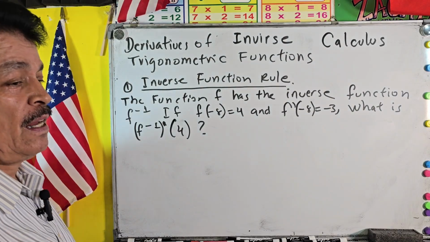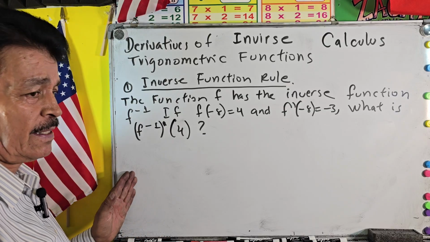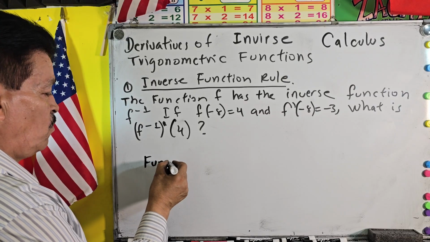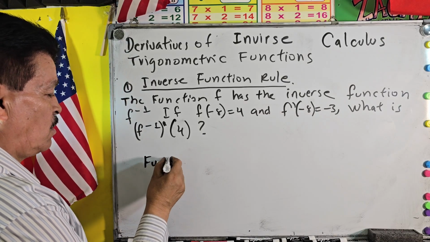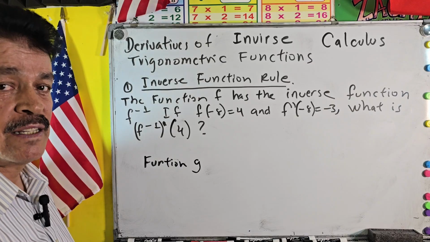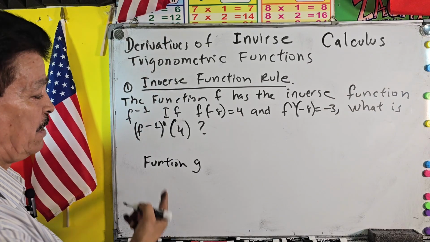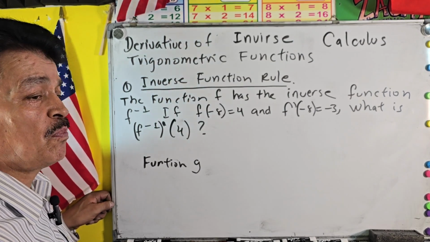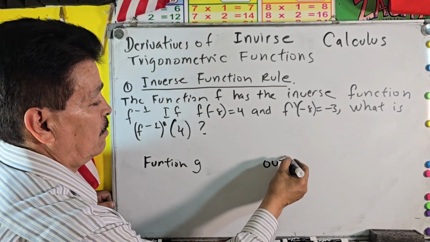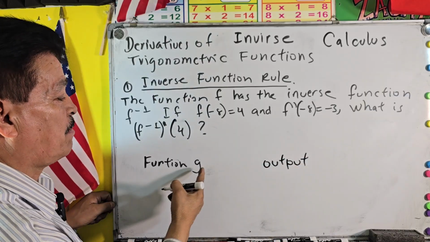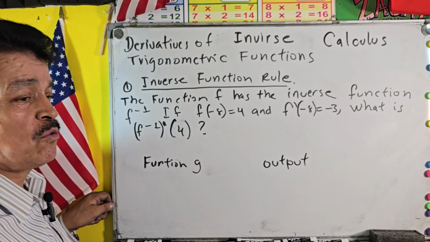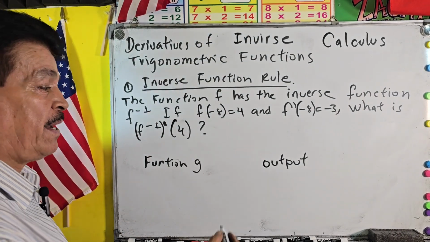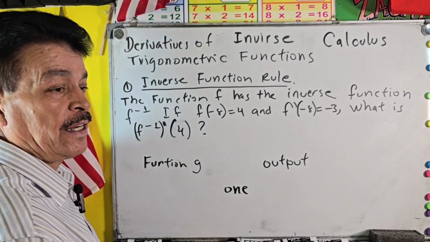Okay. I will remind you of some ideas in this case. A function g has an inverse function. Each output value of g comes from exactly one input value.